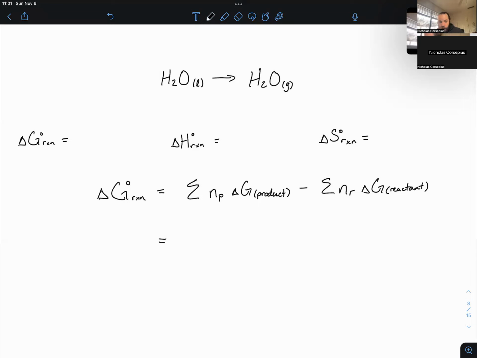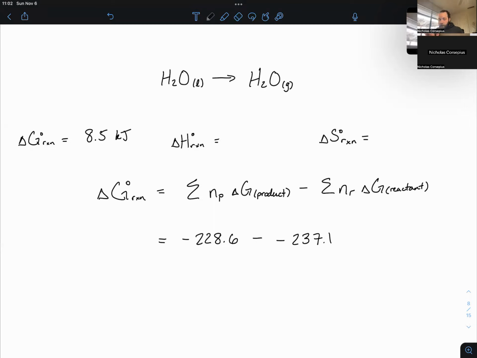So plugging in those values in particular, the delta G of my product gaseous water was negative 228.6, minus the delta G for my reactant side, the liquid water, which was negative 237.1. And this gives me a delta G of 8.5 kilojoules.